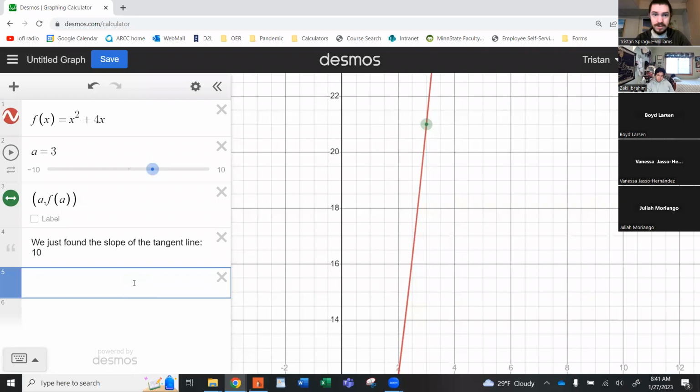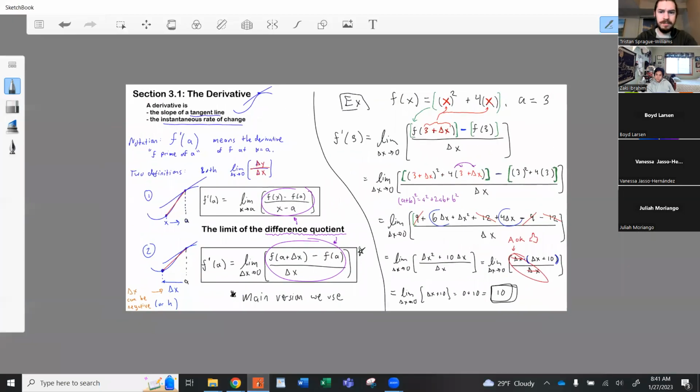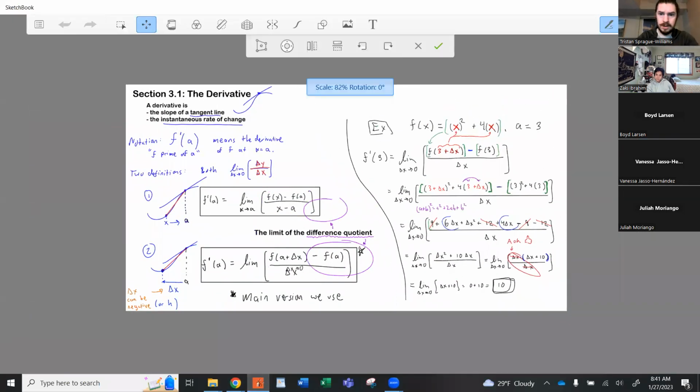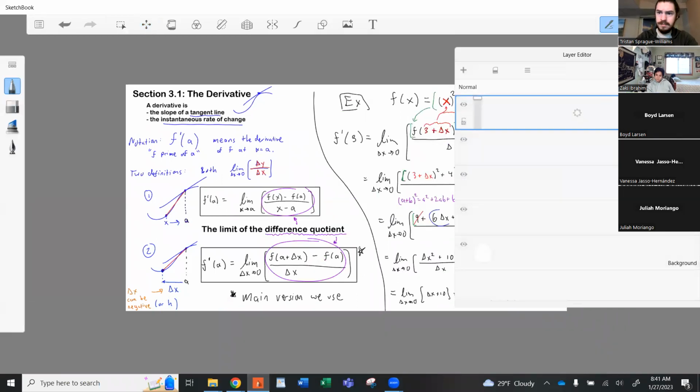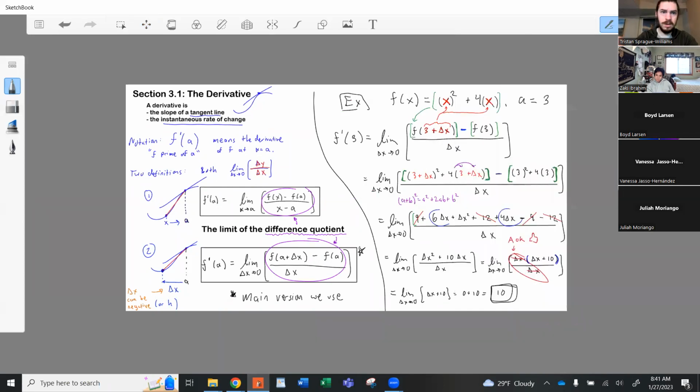Well, we need to get an equation for the line. We want a line. So actually, let me get back over here and I'll put this on the main page here. Let's flatten this. Okay.